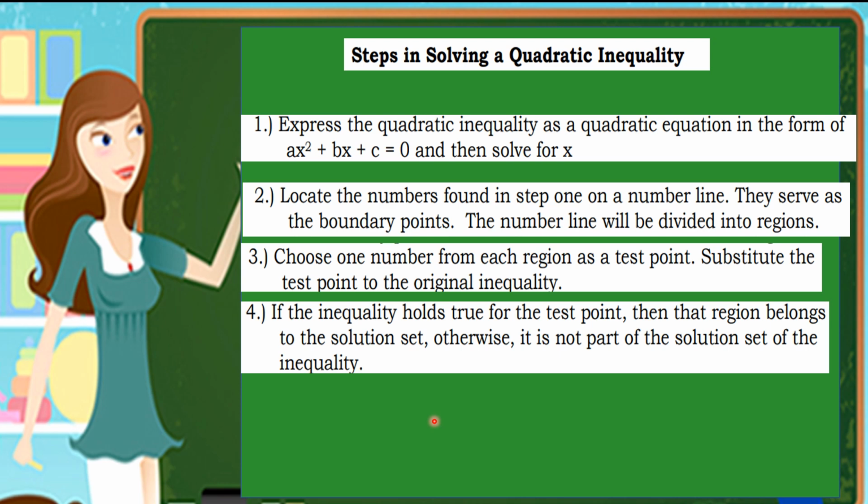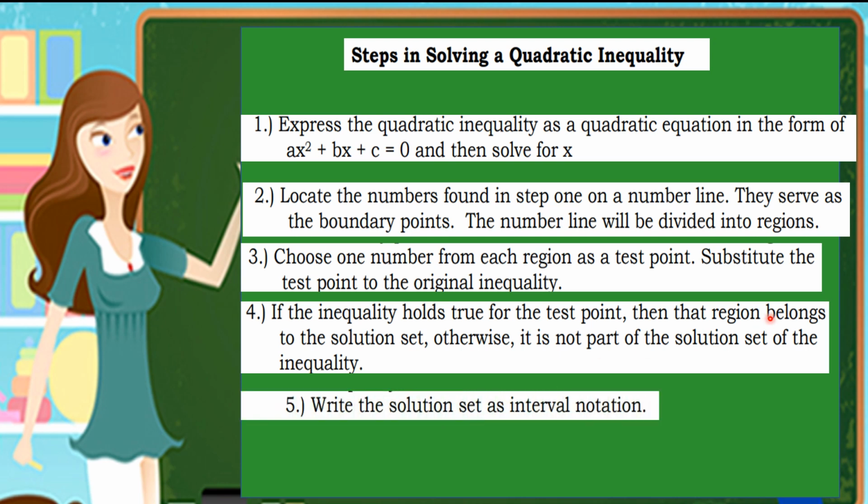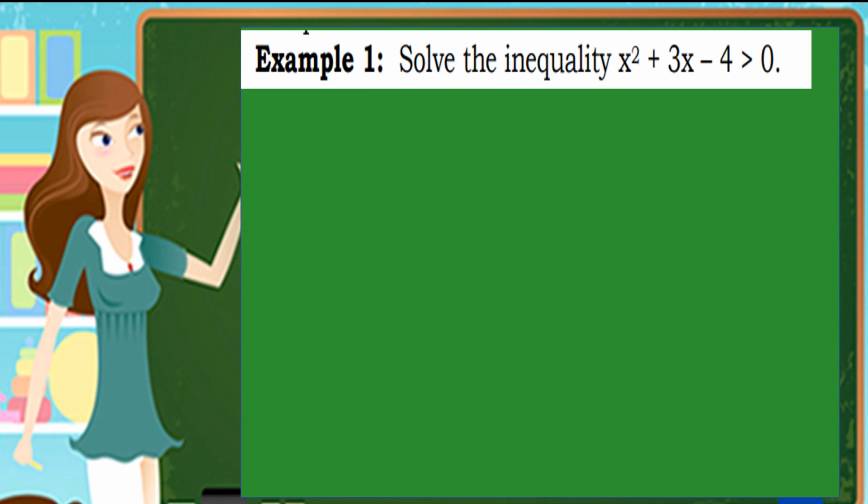At kapag false naman, edi syempre, hindi siya solution set ng given inequality natin. Then, write the solution set as interval notation or just write the values of the variable. Okay, or the inequality. So, yan ang steps natin in solving quadratic inequality.